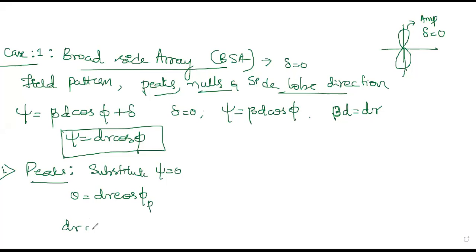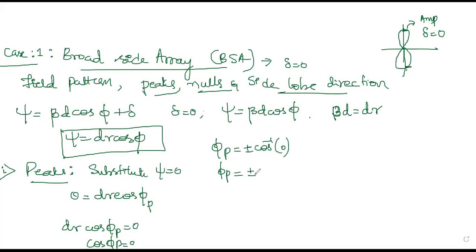Now it will be dr cos phi p is equal to 0, where cos phi p is equal to 0. Phi p is equal to, what should be the actual peak's direction? Peak is nothing but this direction. Always in a broadside array you must get it as 90 or minus 90 degrees, or along with 90, 270. So those values only must come in a broadside array. So it is plus or minus cos inverse of 0. So what is plus or minus cos inverse of 0?